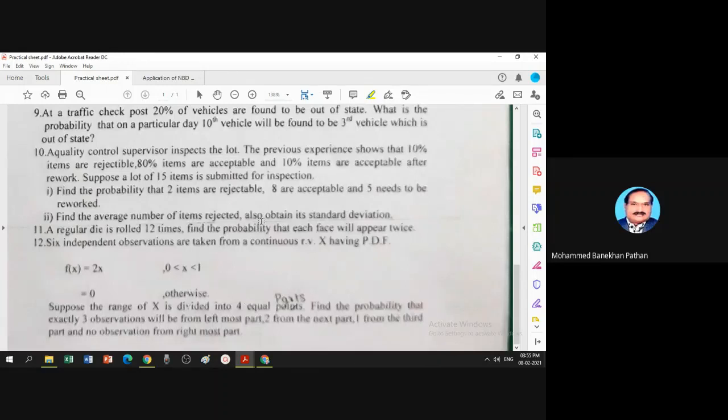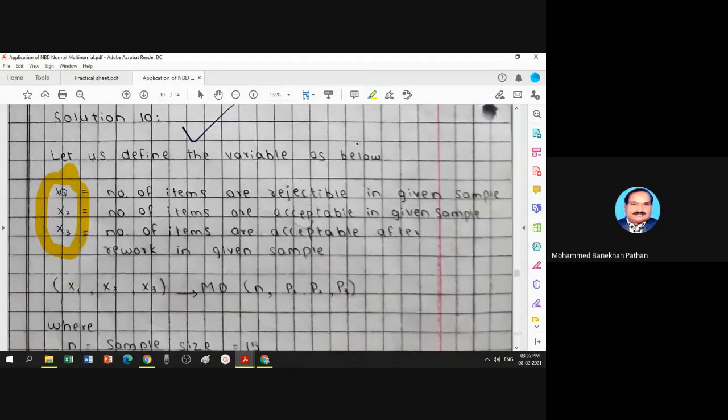So this problem has three outcomes for every item, and that is why it is a case of multinomial distribution. So we define three variables according to the three characteristics of every item.